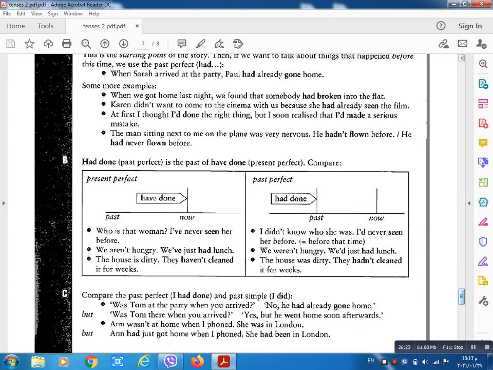Both of them happened in the past. Look at "now": it is not available in the past perfect. We don't have any reference to now.